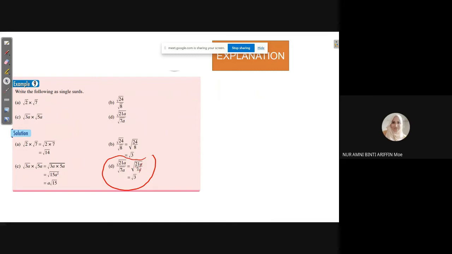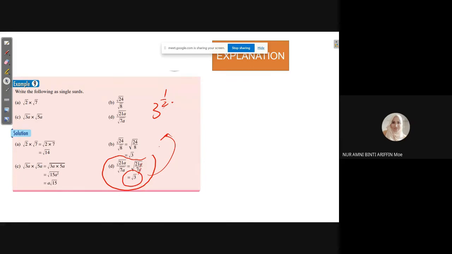It's gone because we already cancelled. So 21 over 7 will become 3 square root. If indices, you have to simplify, become 3 1/2. But in surd, because we are in the topic of surd, you only give your answer in the form of surd. So this is the answer.